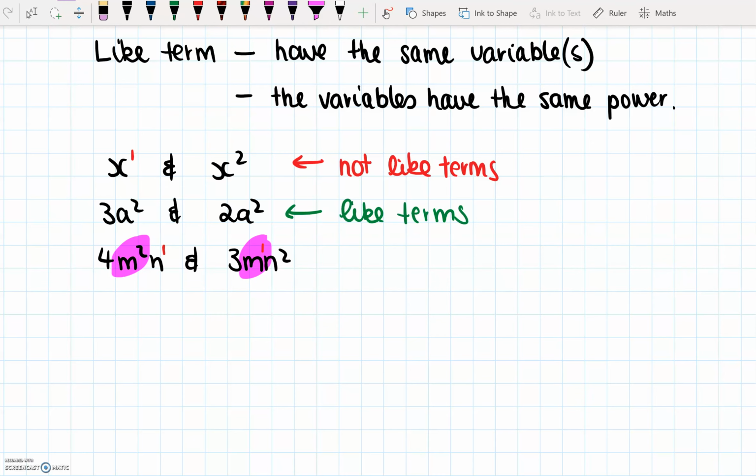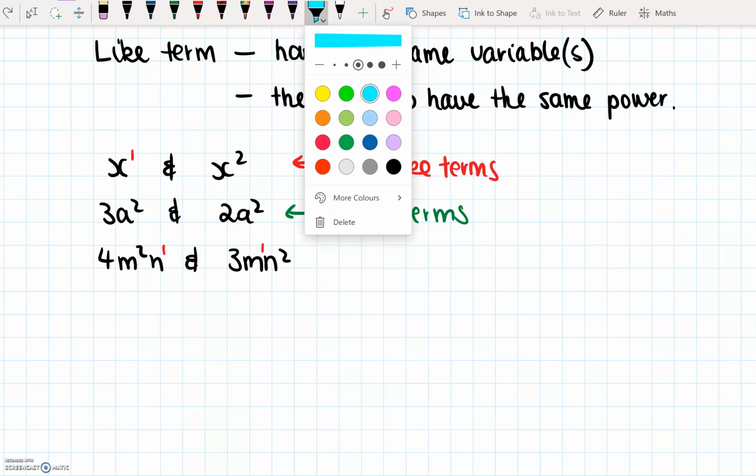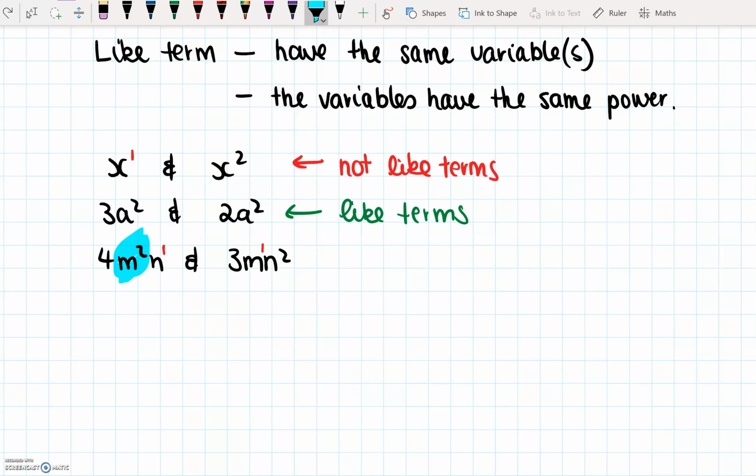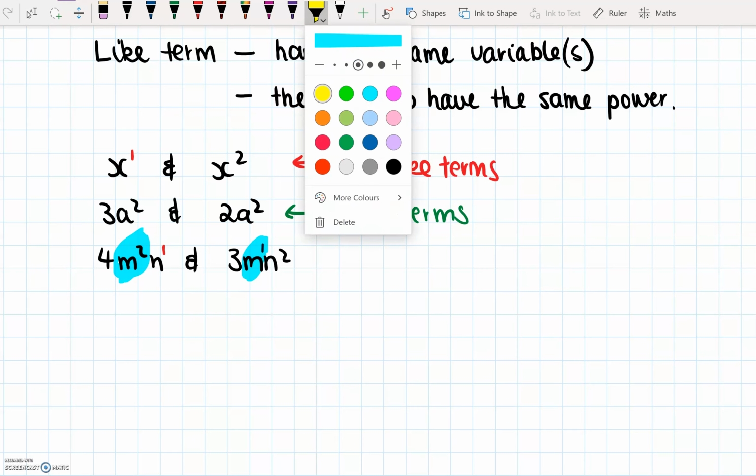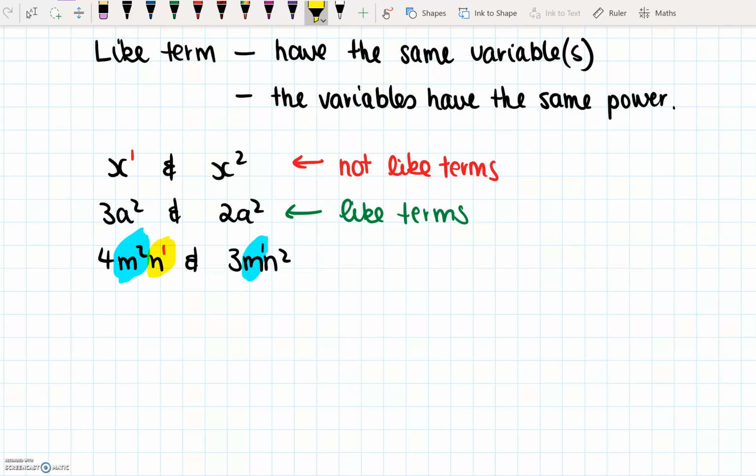So those variables do not match. Also, n is to the power of 1 in the first, but n is to the power of 2 in the second. So the variables again don't match. So these are not like terms.